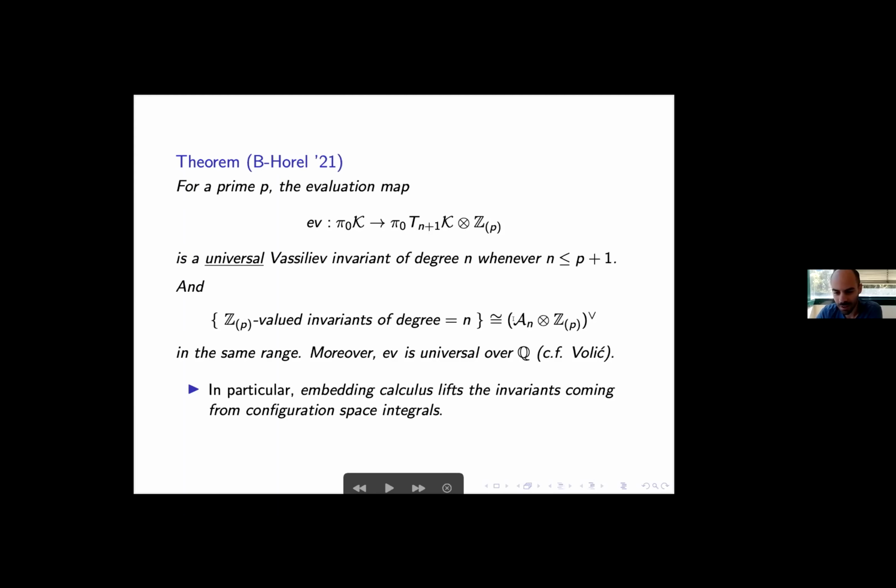And that's also why I should say that we don't really know much about the torsion of these abelian groups. So it could be that this theorem is saying that all the invariants that we get here are really just lifts of the rational invariants. But it could also be that there are really new invariants and torsion invariants, and they would not be detected by the Kontsevich integral, but they would be detected by embedding calculus.